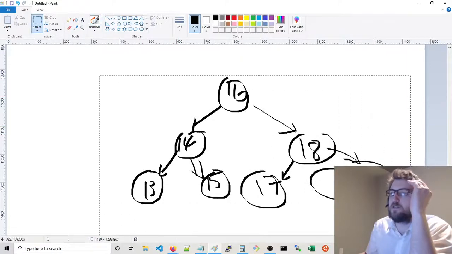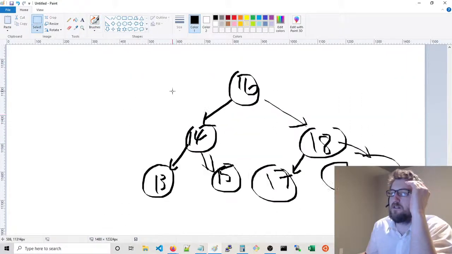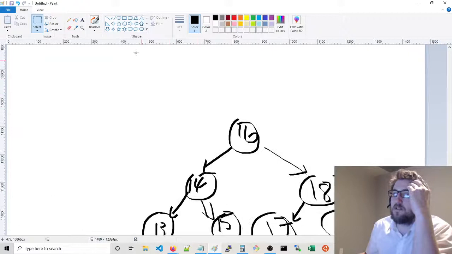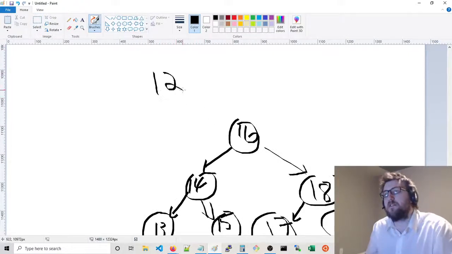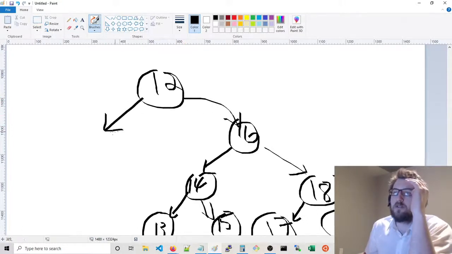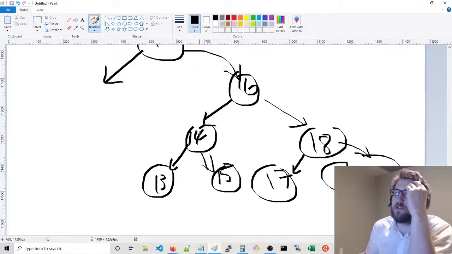We do all of these things. Now we have 12. And now we can do 11 recursively, right?